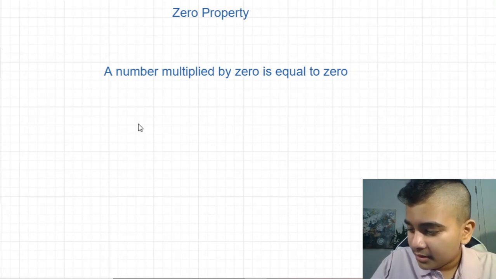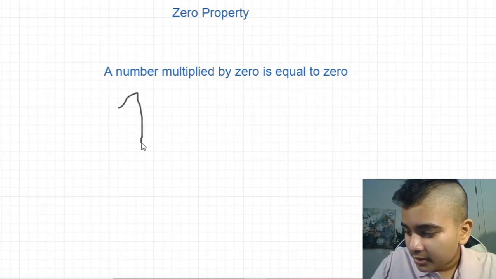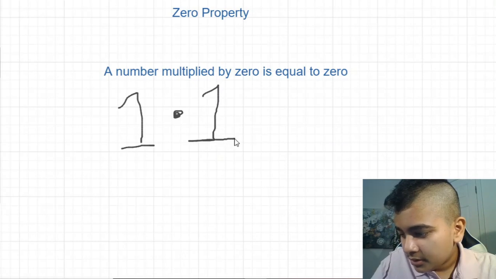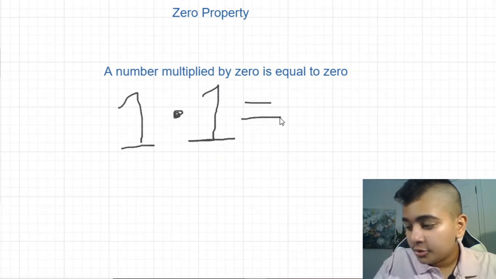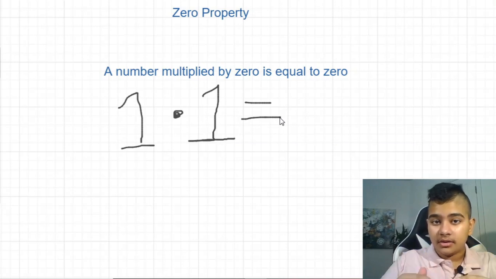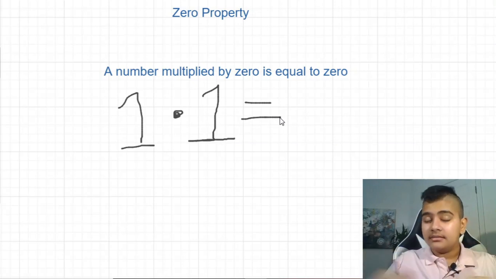So let's see. 1 multiplied by 1. These are the two lowest numbers that we can get to zero, which is not zero.